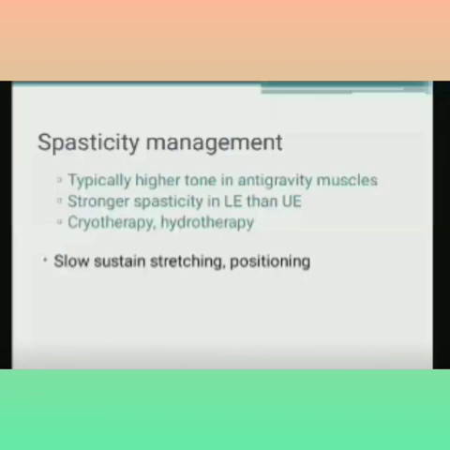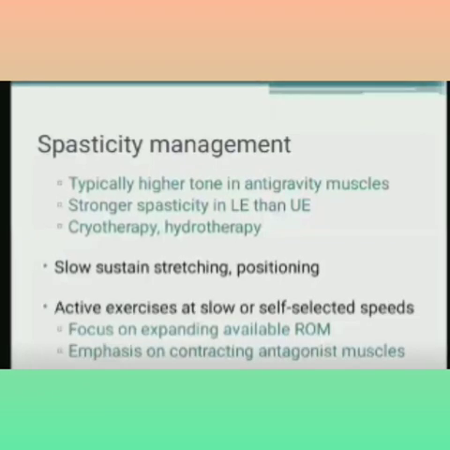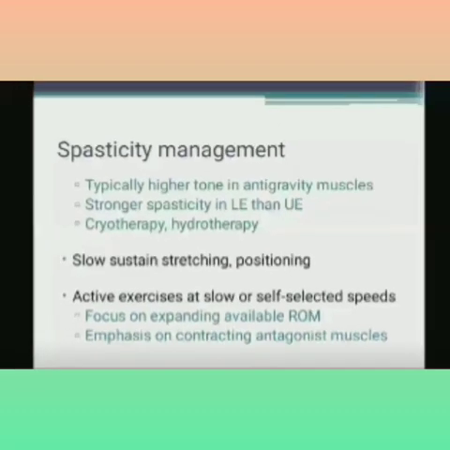Then you have to give exercises which will also help in decreasing the spasticity. You have to do the full range of motion in either way, for the agonistic muscle and the antagonistic muscle, so that the whole range of motion is maintained, and you can decrease the spasticity.